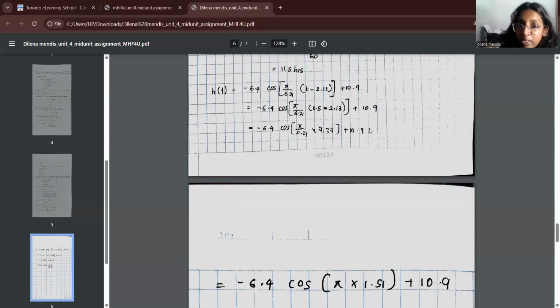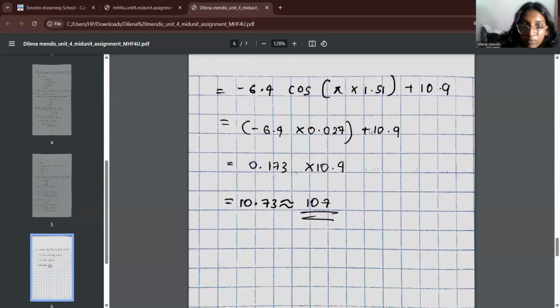That is minus 6.4 cos(π over 6.21 into 9.37) plus 10.9, which will be minus 6.4 cos(π into 1.51) plus 10.9, which is minus 6.4 into 0.027 plus 10.9.